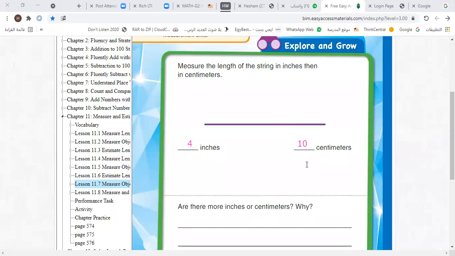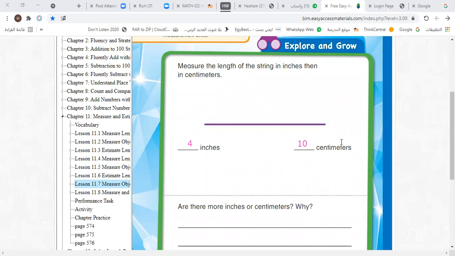Here, 4 inches and 10 centimeters. So is it more inches or more centimeters? More centimeters. Which one is greater?